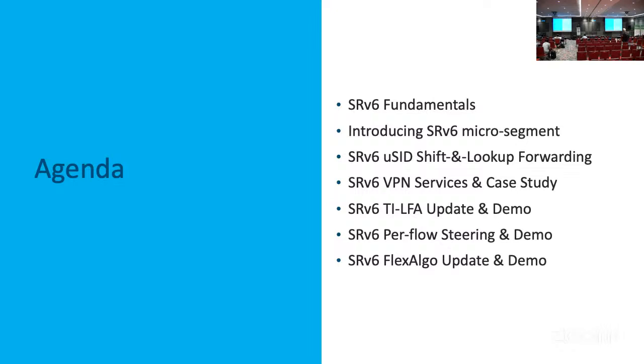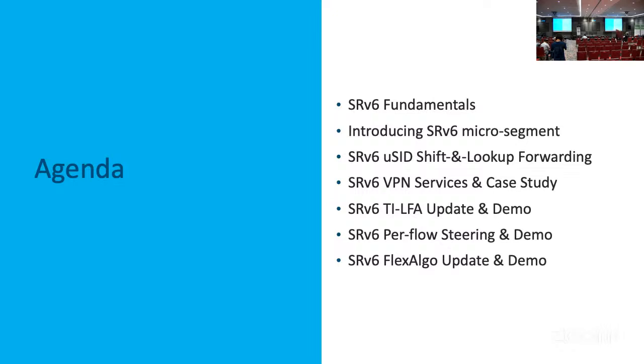And after that, we have a few use cases we're going to cover. Like VPN over SRv6 and how to do the protection. And then how you do traffic engineering to get traffic flow steering. And last but not least is Flex-Algo.